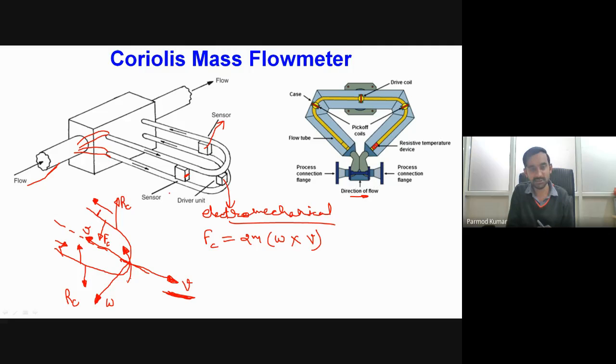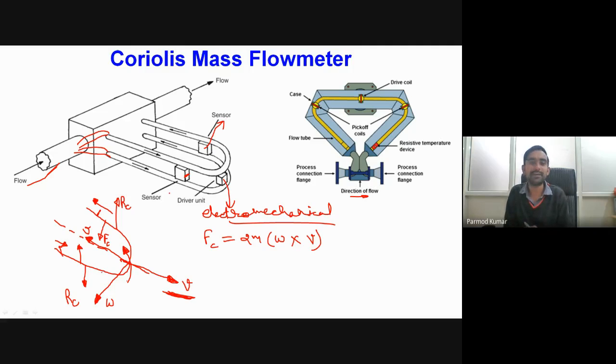While your tube is forced to oscillate in upward direction, the force which is acting because of the inherent Coriolis nature, the Coriolis force induced inside the fluid, because of that, whatever reaction on the structure you are getting on the right hand side is actually assisting your tube to move in the upward direction. Whereas on the left hand portion of the tube, this force is acting in the opposite direction. So obviously over here it will try to suppress or mitigate the vertical upward motion of this tube material.